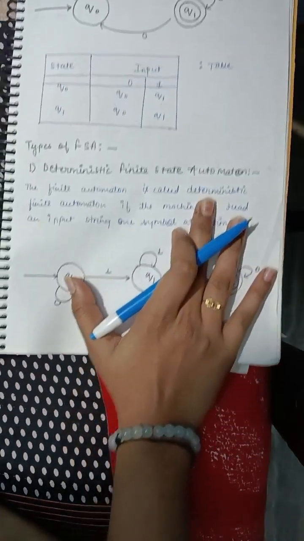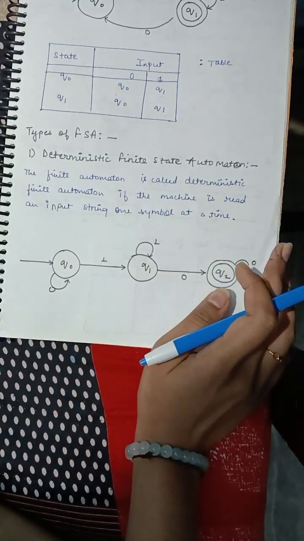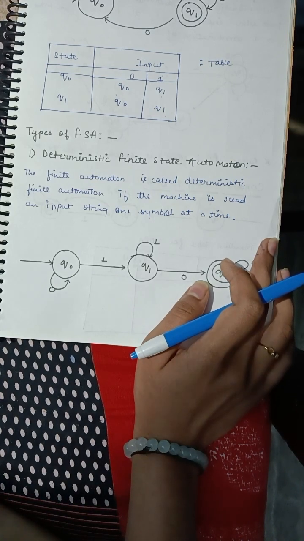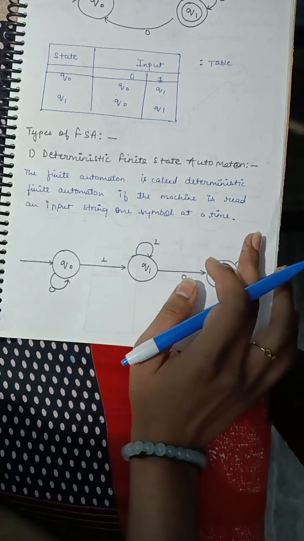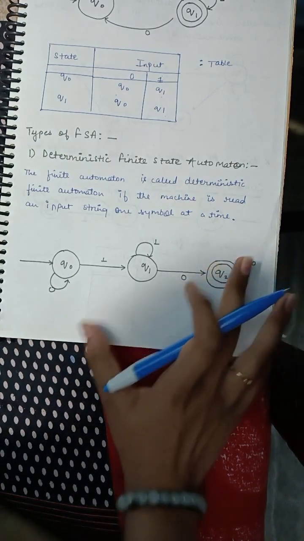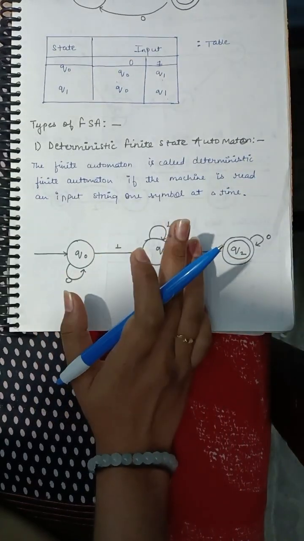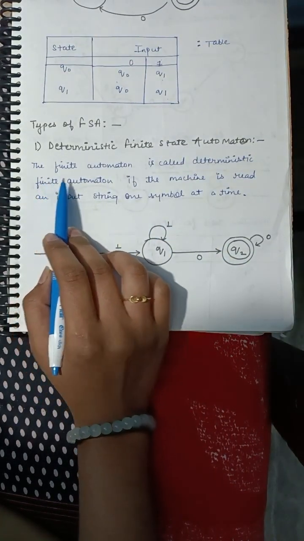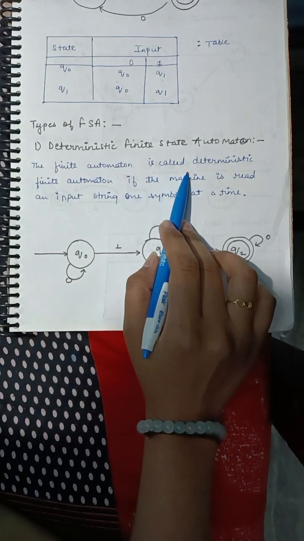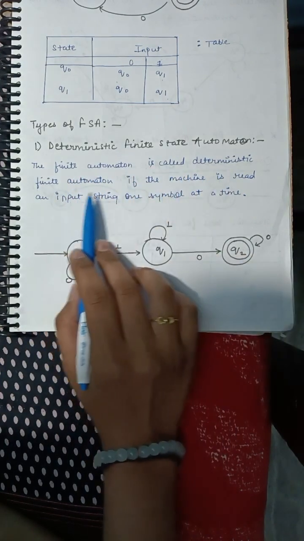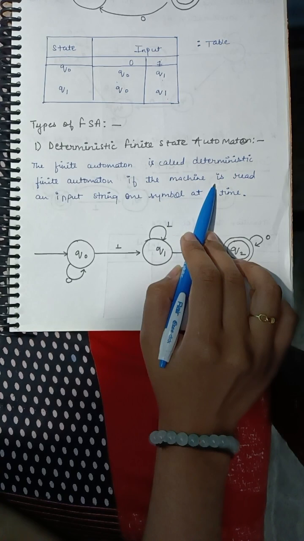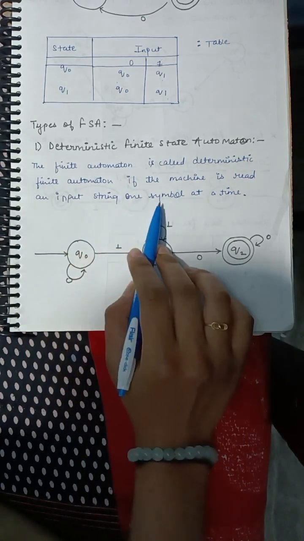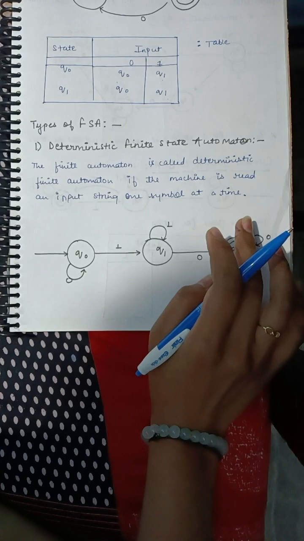Now we will discuss the types of finite state automata. First is deterministic finite state automata, and second is non-deterministic. The finite automata is called deterministic finite automata if the machine reads an input string one symbol at a time.